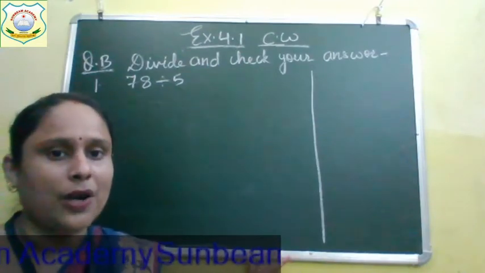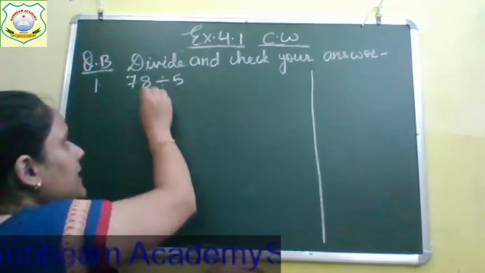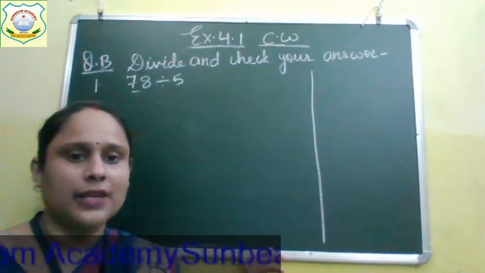We will write the table of the divisor. Here, which number is the dividend? 78 is the dividend and 5 is the divisor.